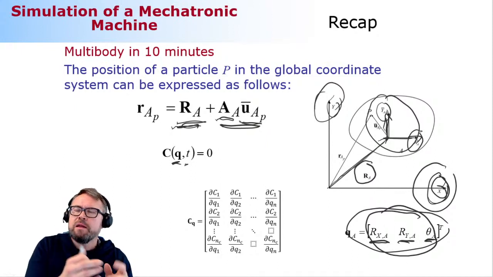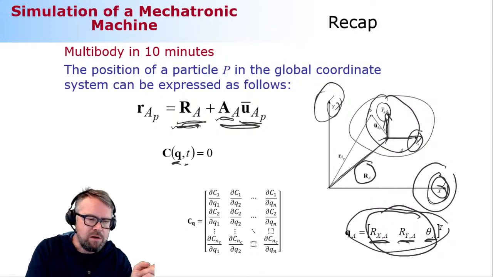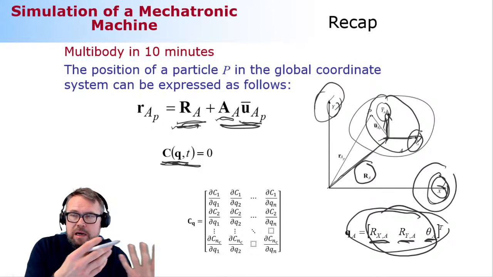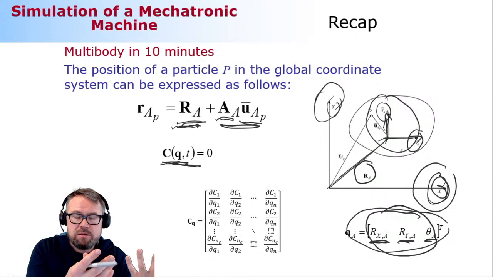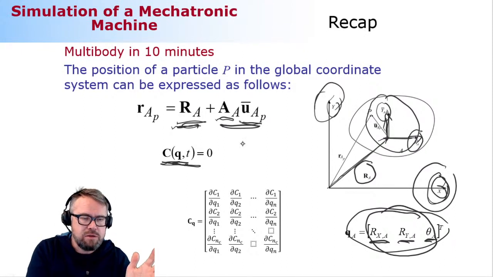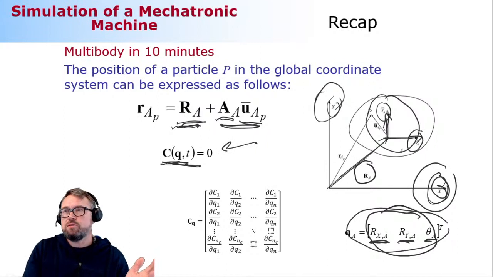Now in a kinematic analysis, the number of constraint equations is equal to the number of generalized coordinates. That's all you need to know to solve the kinematic analysis. Every single piece of information associated with kinematic analysis is hidden in your constraint equations.